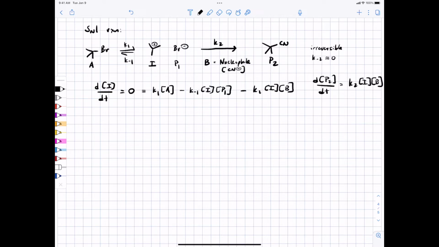All right. So now we're going to do the same thing as we did before with the steady state approximation.